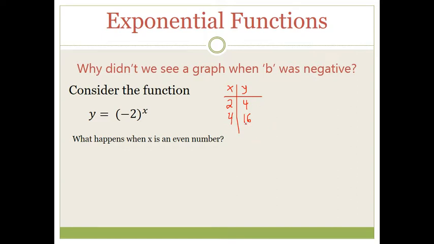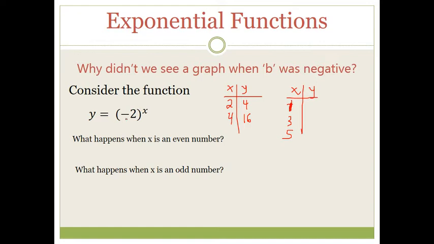But I am getting points. So it seems so far that maybe I should see a graph when I graphed it. But we didn't see a graph. Let's keep going. Let's think about now what happens if I let x be an odd number. Let's say I let it be 1, 3, 5.